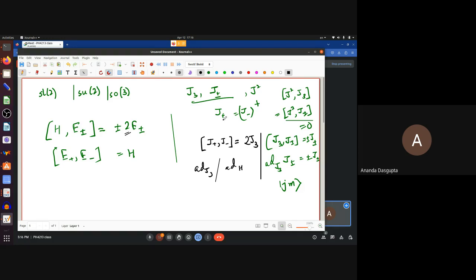When you derived all these properties of these jm states, you must have done this, right? So where exactly did you use Hermitianity of the basic operators J1, J2, J3? What part of your argument actually depended on the fact that these were Hermitian? Yes?